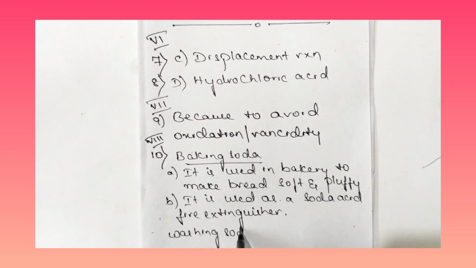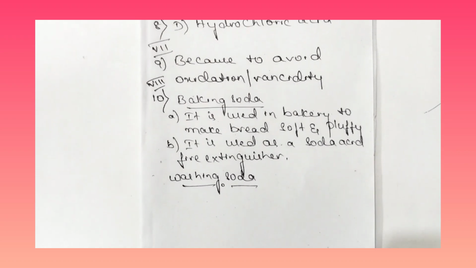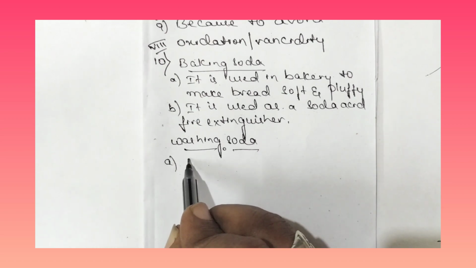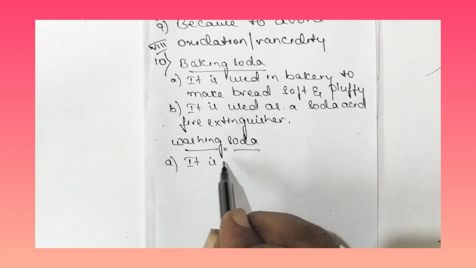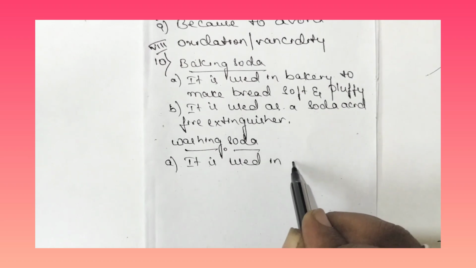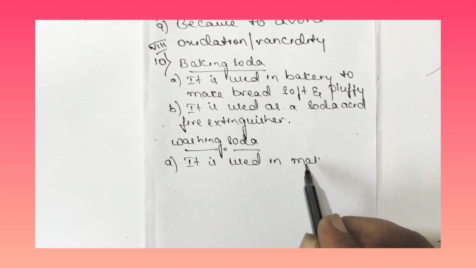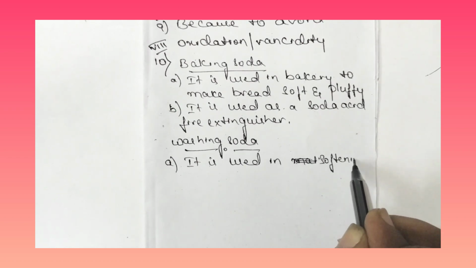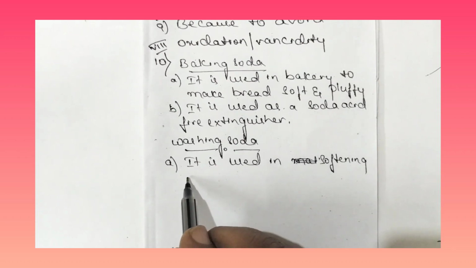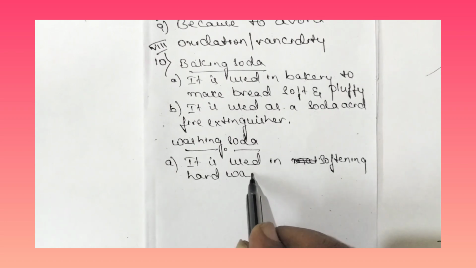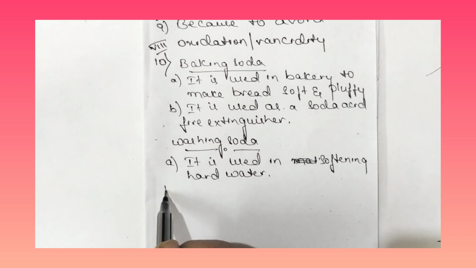Now let us write the two uses of washing soda. What are the uses of washing soda? Washing soda is used in softening hard water. To make hard water soft, we are using washing soda.